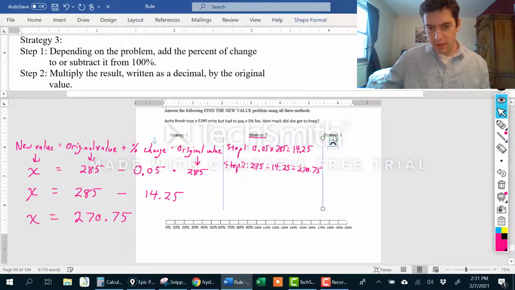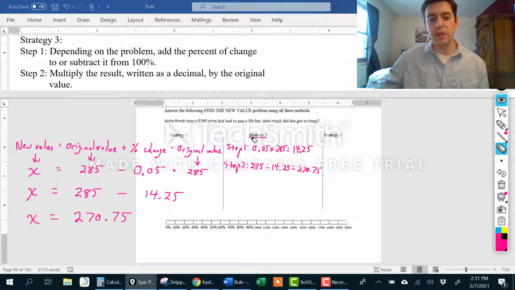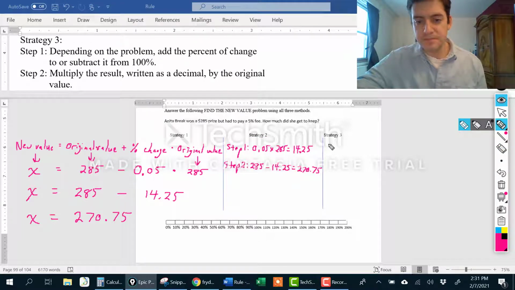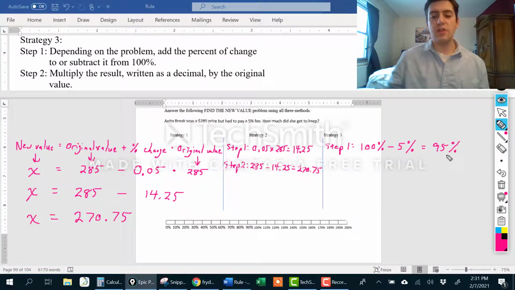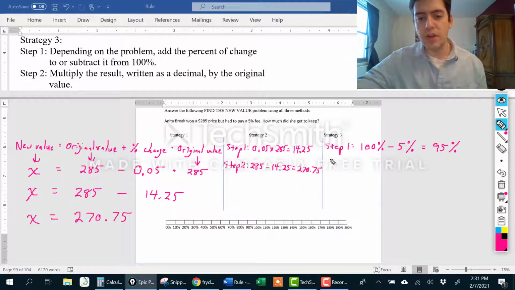Aha. So this is strategy 3 that I'm doing right now, not strategy 2 anymore. My step 1 for strategy 3 is I'm going to take 100%, and since she's paying that fee, I'm going to subtract 5%, and the result would be 95%. Okay, so that's step 1 when you're using strategy 3.